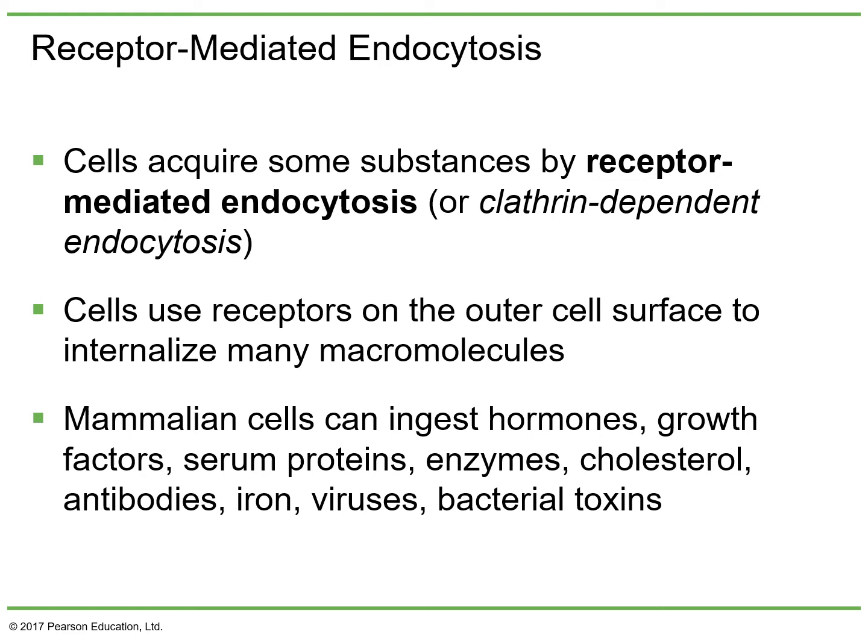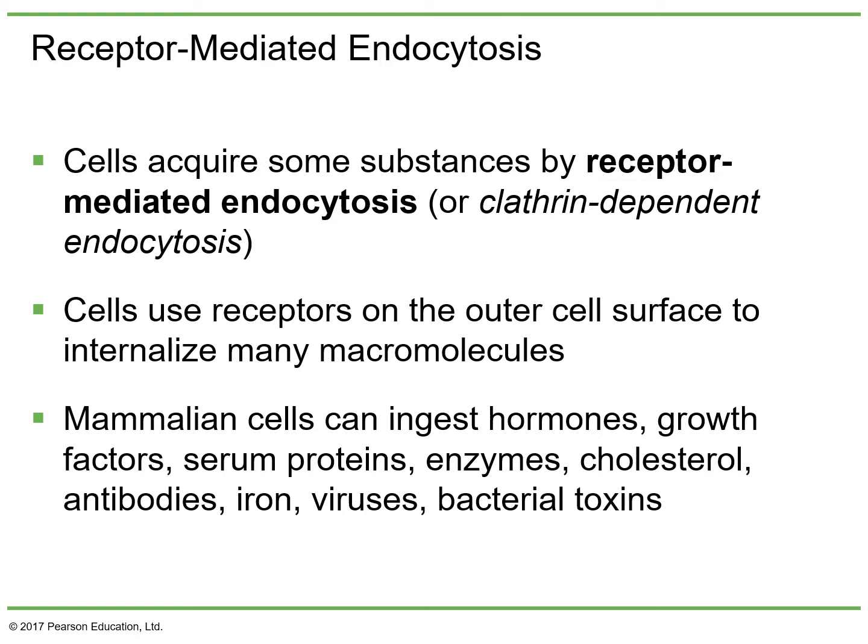This is a primary mechanism for the specific internalization of most macromolecules by eukaryotic cells. Depending on the cell type, mammalian cells can ingest hormones, growth factors, enzymes, serum proteins, cholesterol, antibodies, iron, and even some viruses and bacterial toxins via receptor-mediated endocytosis.